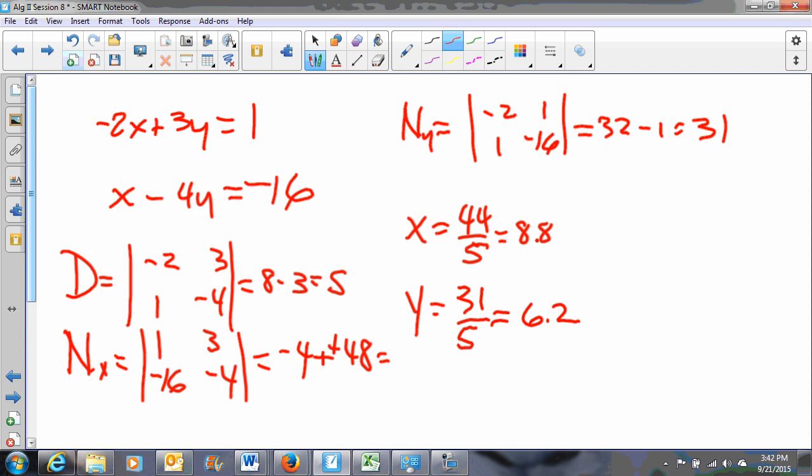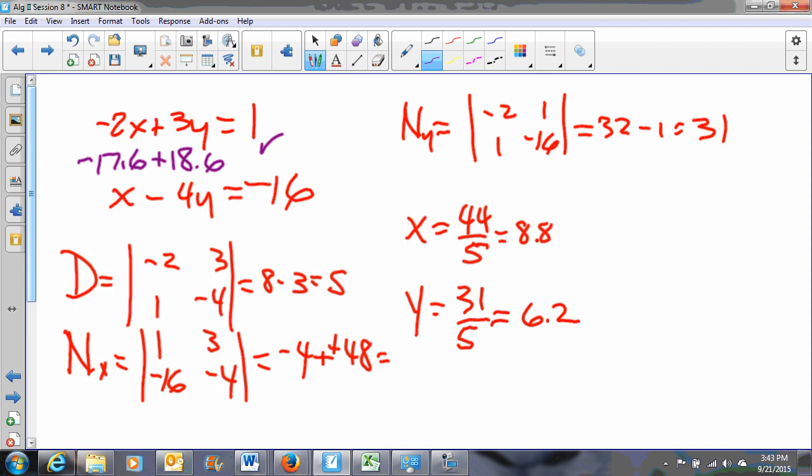I'm afraid I've made a mistake here someplace, but maybe just in setting up the problem, maybe everything else is working. I don't know. -2 times 8.8 is -17.6. 3 times 6.2 is 18.6. And when you add them together, you do get 1.